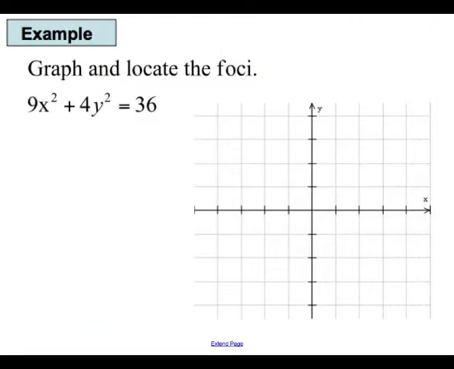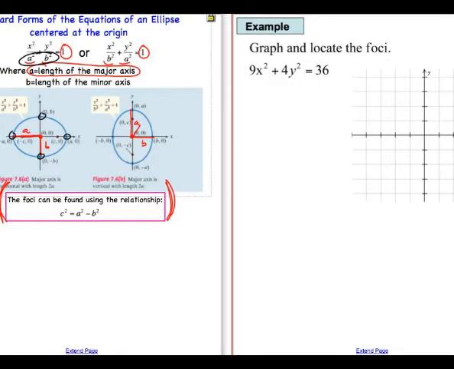So we're going to graph and look at the foci, but what you should notice right away is that this is not written in standard form. The standard form was x squared over something plus y squared over something equals 1. So remember that key 1 that we saw over here? We have to have this be 1. It doesn't even matter that there's a number in front of x and y. What matters is that 36 is not 1.